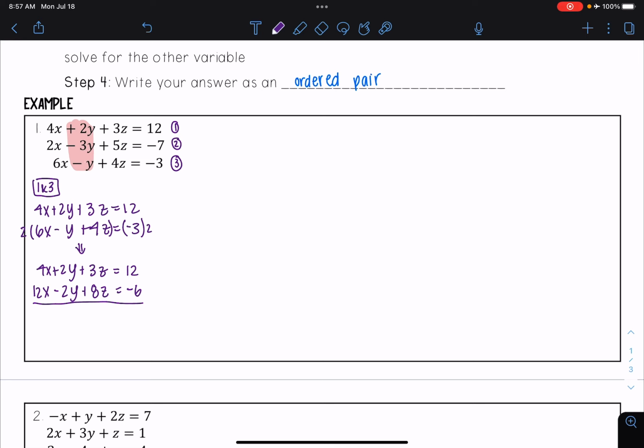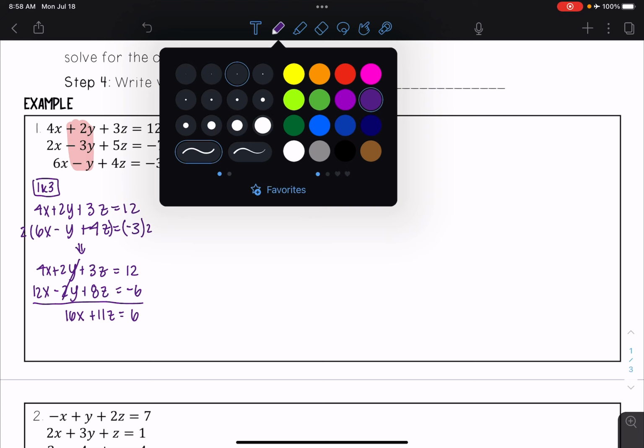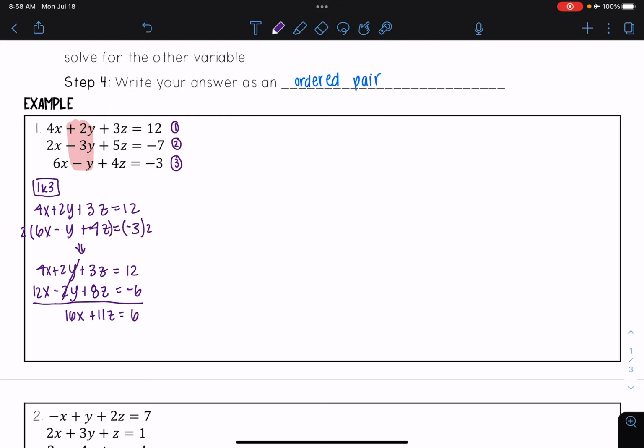Now when I add these together, my y's cancel out, so I'm left with 4x plus 12x, which is 16x, 3z plus 8z, which is 11z, equal to 6. So I have my first equation that's only in two variables, x and z. Now I need to use two more equations to eliminate y in another case.